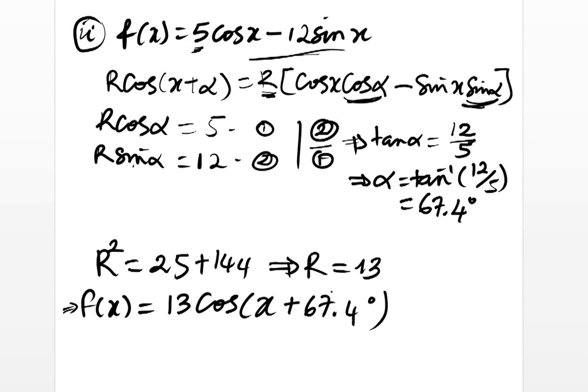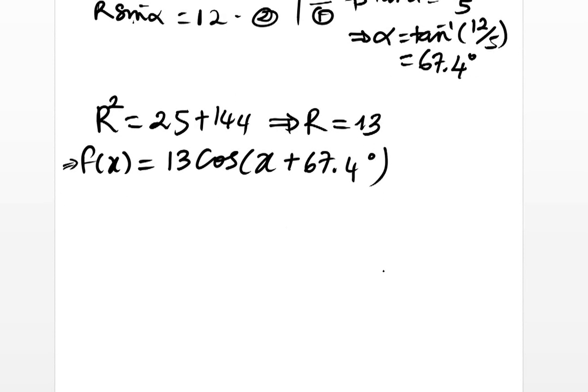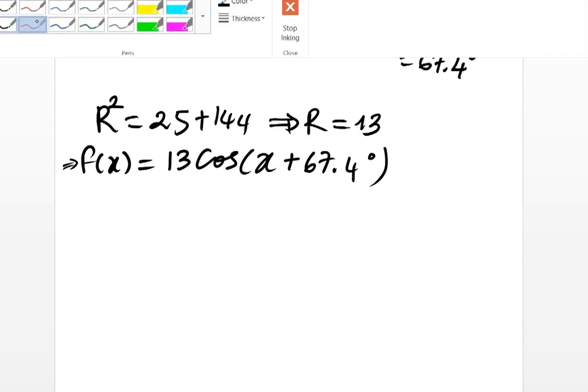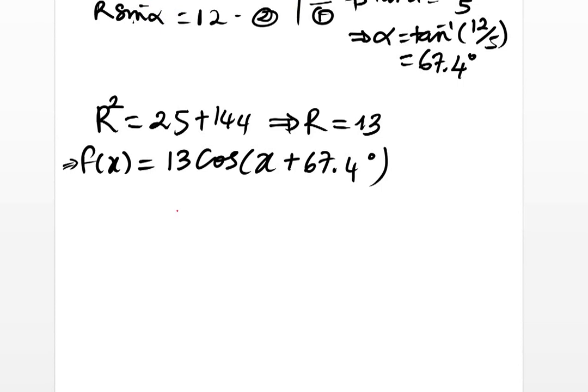Now, how do we start using this function? All of that function has been summarized to this, so let me reiterate using a red pen. We know that the range for the cos function is between -1 and 1.